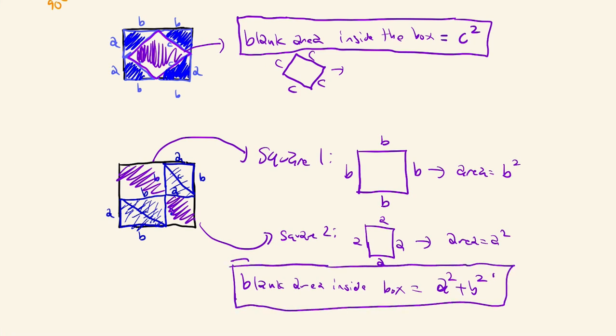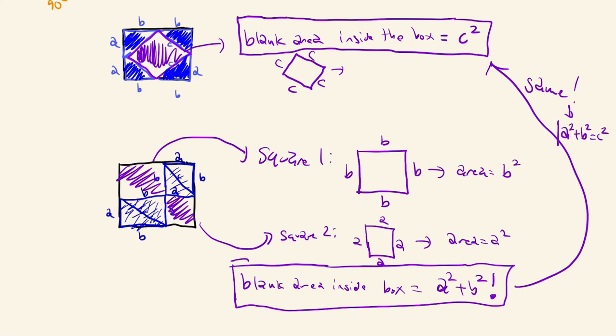And this time I'm going to put an exclamation point here, because this is the same thing as that. They both tell you what the blank area inside the box is, so they have to be equal to each other. So that tells you that A squared plus B squared is, in fact, C squared.